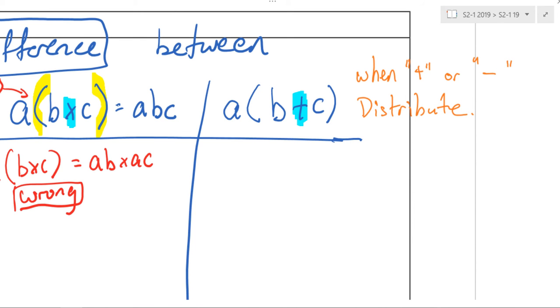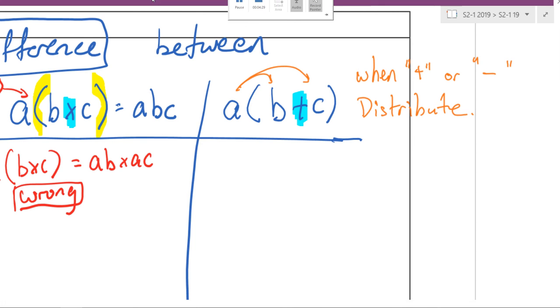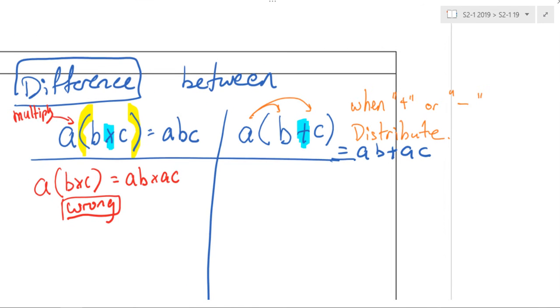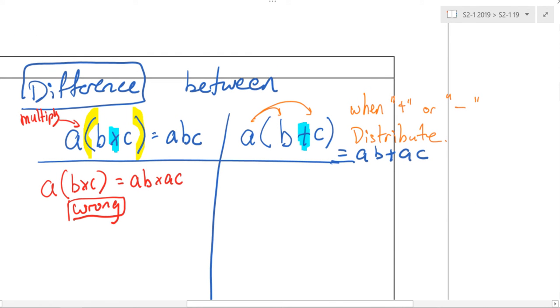So, rainbow means the answer looks something like AB plus AC.